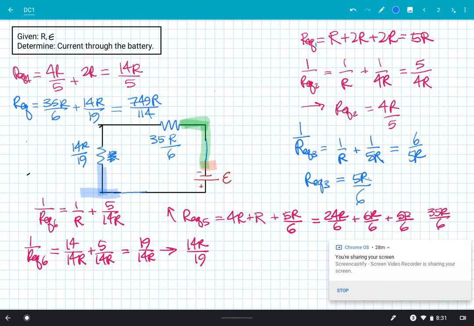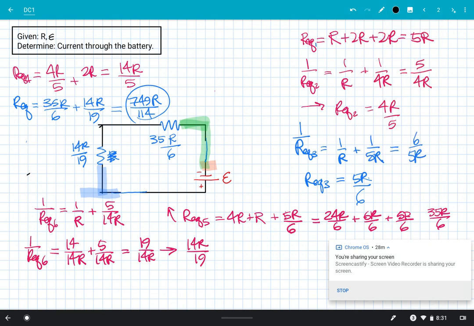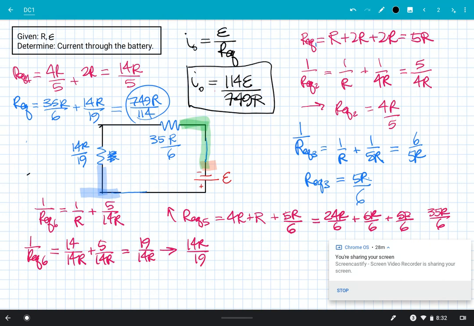And that is the equivalent that we get down to with only one resistor. So this is our final equivalent value. And now I can find the current through the battery. So battery current is again going to be my EMF divided by my equivalent resistance for this case. So that's going to be 114E over 749R. That's my battery current.